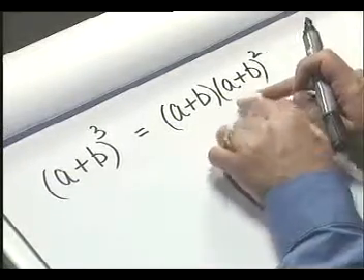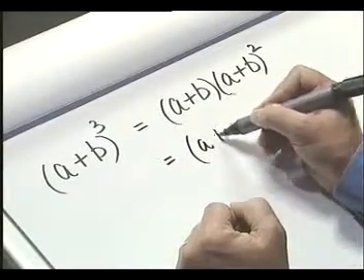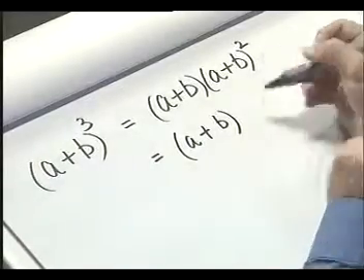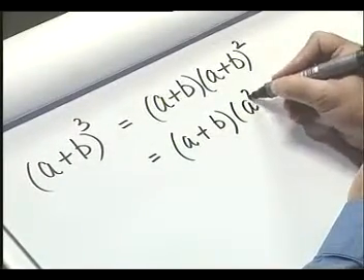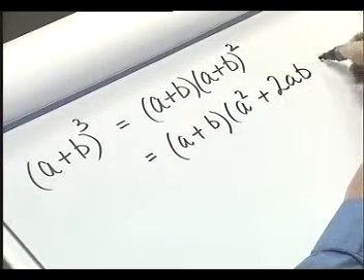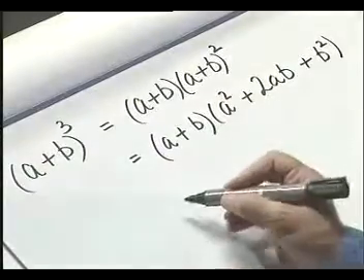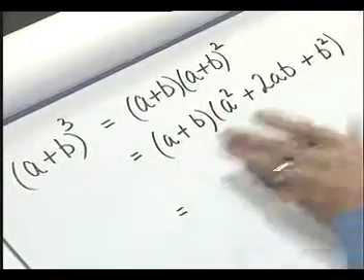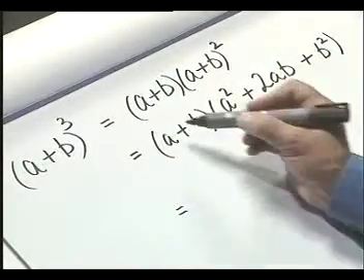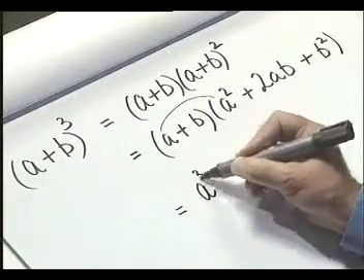We've already expanded a plus b to the power 2, so let's write that down. Remember, a plus b to the power 2, we've already seen, is a squared, 2ab, and b squared. Now, to expand this, everything in the first bracket must multiply everything in the second bracket. So we've an a multiplied by a squared, which is a cubed.